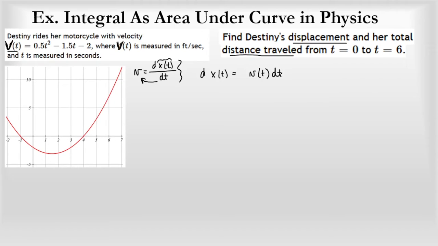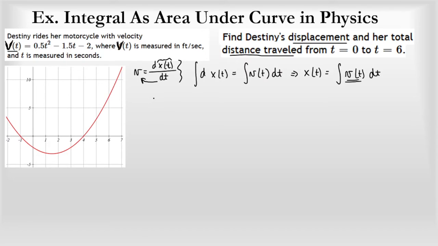If I take an antiderivative or an integral on both sides, this equation tells me that if I want to find the position function, I'm going to take the integral of the velocity function with respect to the time dt. Okay, well that's convenient because I know the velocity function.